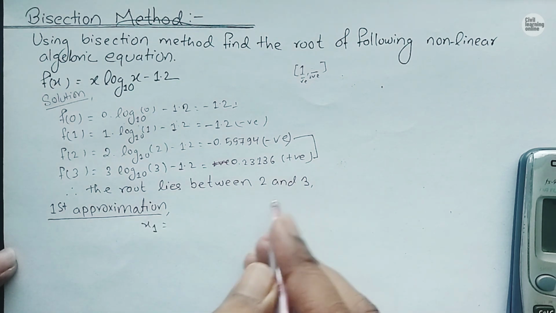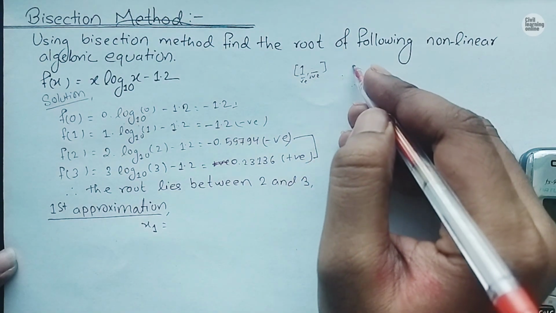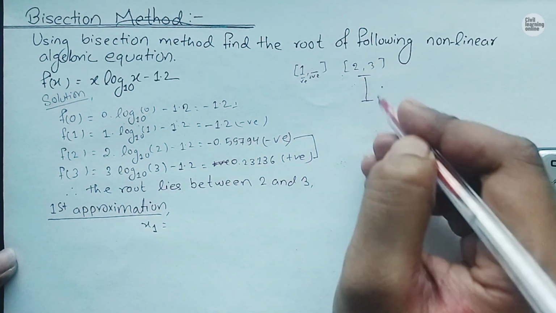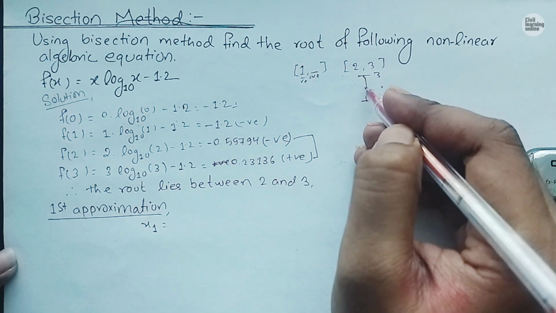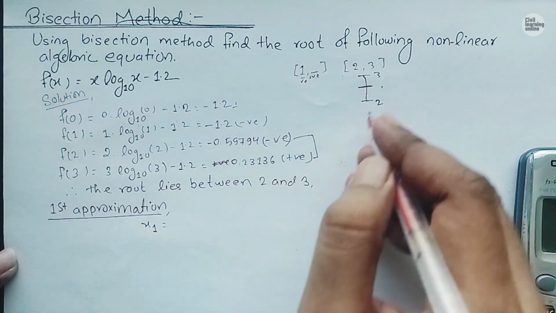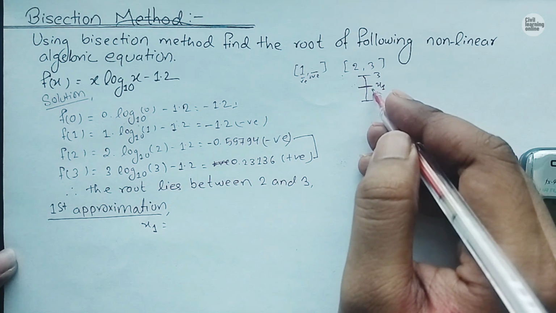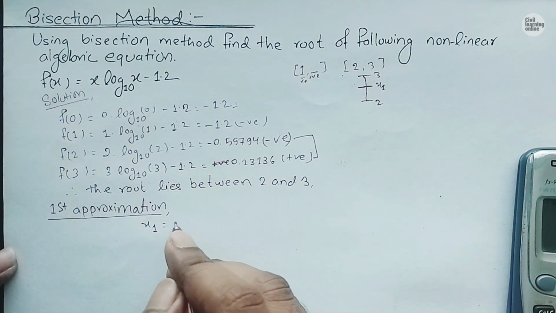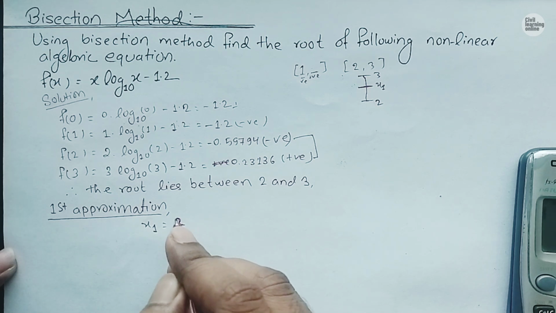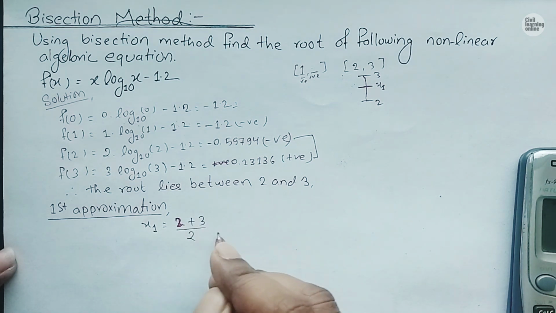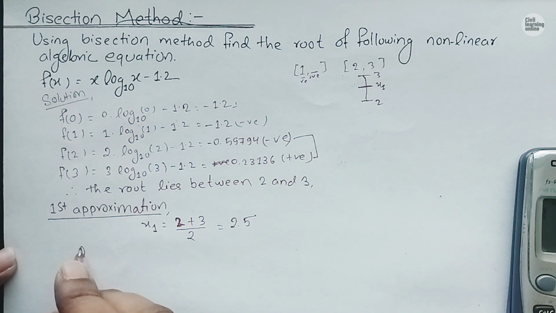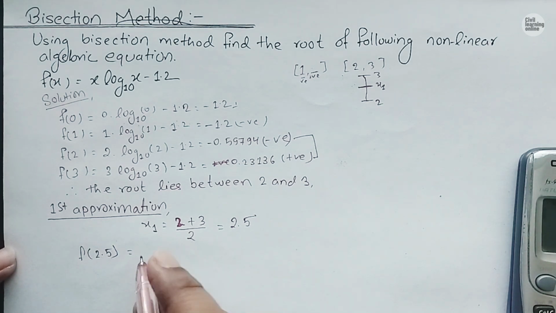We have the interval 2 and 3, and we bisect it into two equal parts to get x1. So x1 is (2 + 3) divided by 2, which is 5 by 2, that is 2.5. Now we will do f(2.5) and check whether we get a positive or negative value.